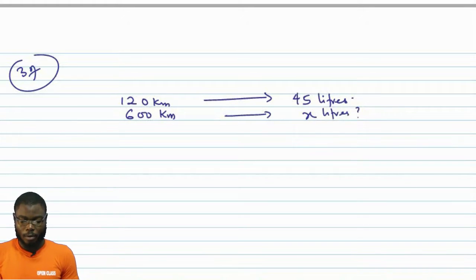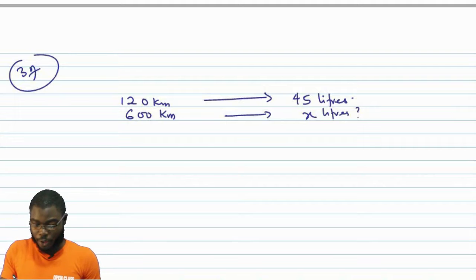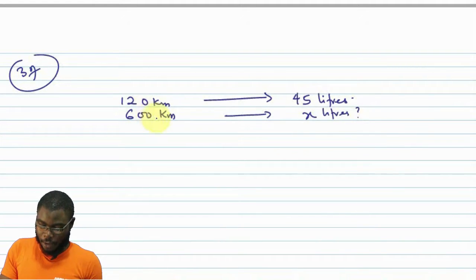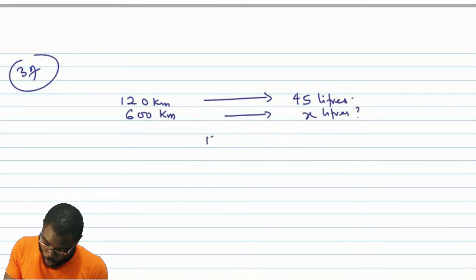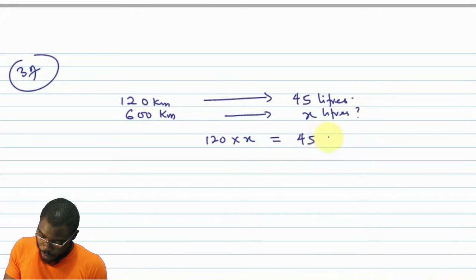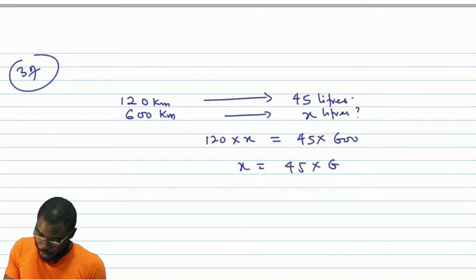This is just a simple question. What you need to do is just cross multiply. 120 gives 45. 600 will give what? All things being equal, 120 over x equals 45 over 600. So your x will be equal to 45 times 600 divided by 120.